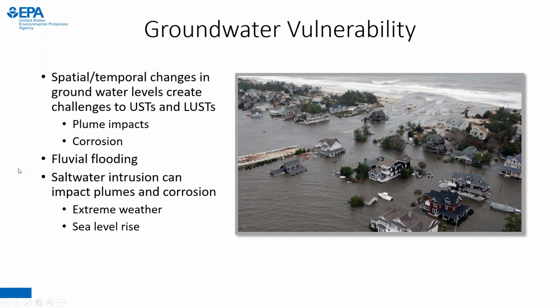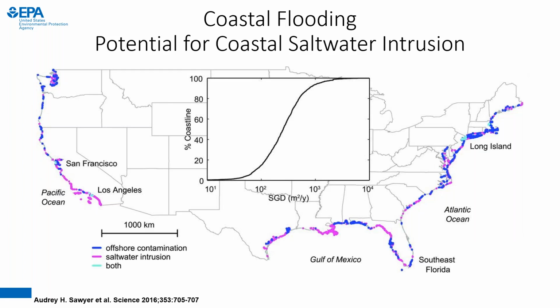And this can result both from extreme weather events that would occur in coastal areas as well as sea level rise. And so the next slide just gives you a general idea of what we're looking at with regard to coastal saltwater intrusion in our country.